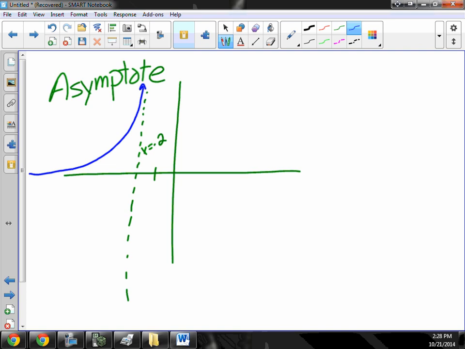And then on the other side, it might start really close and then go like this. If your discontinuity does not factor, it corresponds to an asymptote on the graph. If your discontinuity does cancel, then you get what's called a hole in the graph. So the graph is chugging along and it jumps over one number and then keeps going.